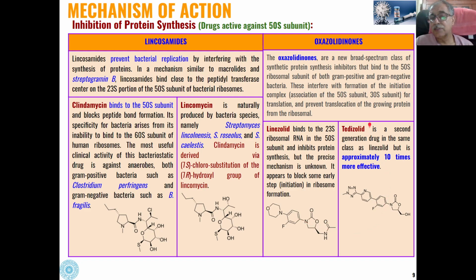Whereas this is an advanced version of oxazolidinone, tedizolid. This is a second generation drug in the same class as linezolid, but this is 10 times more active and more effective than linezolid.